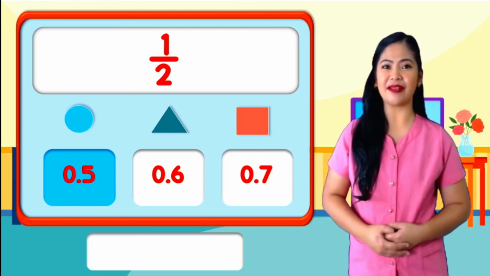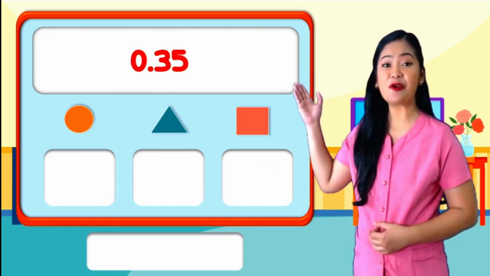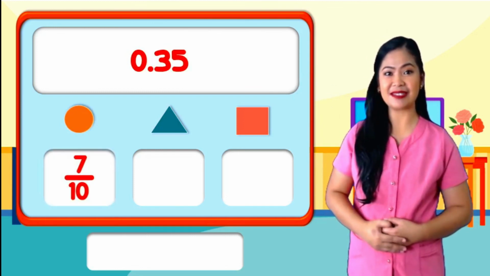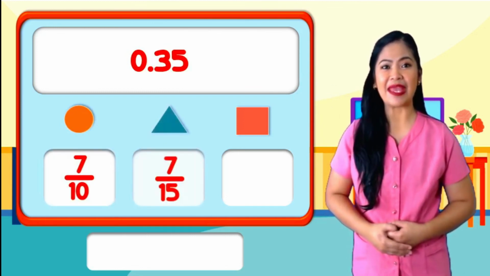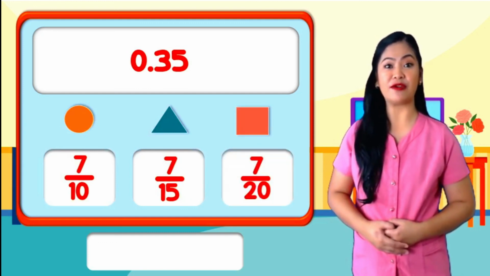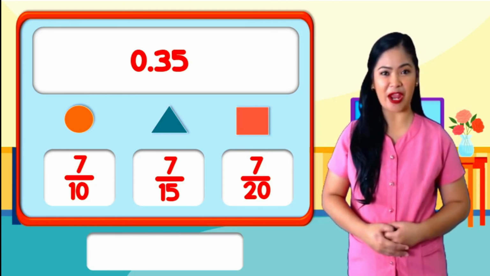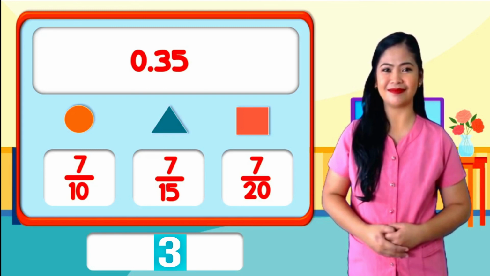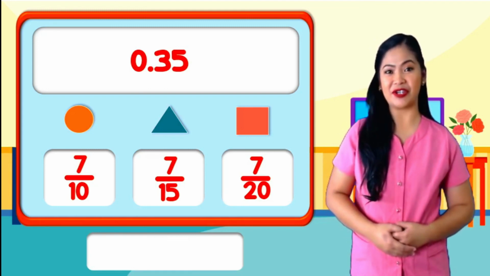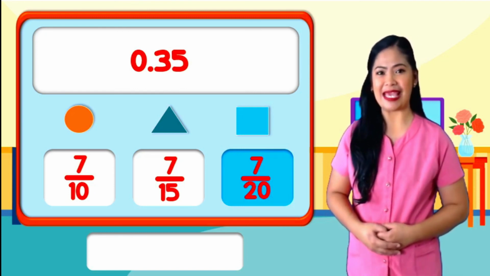For the next one, what is the fraction form of 0.35? For circle, 7/10. For triangle, 7/15. For square, 7/20. Is it circle, triangle, or square? The correct answer is square, 7/20.